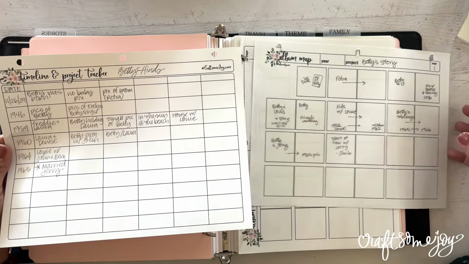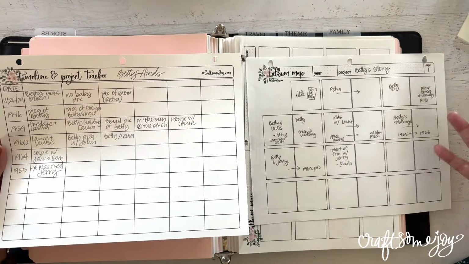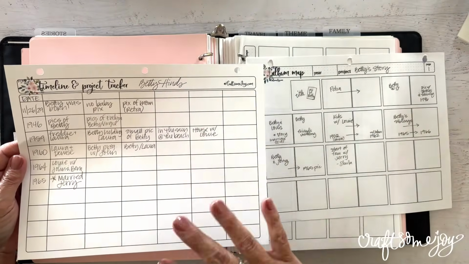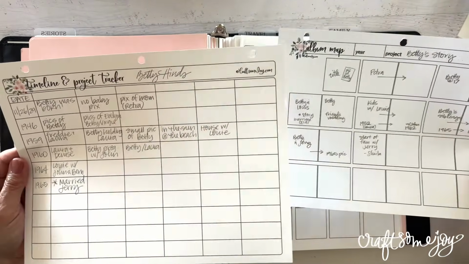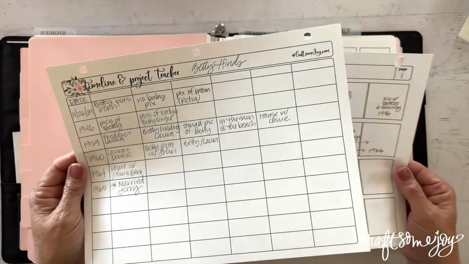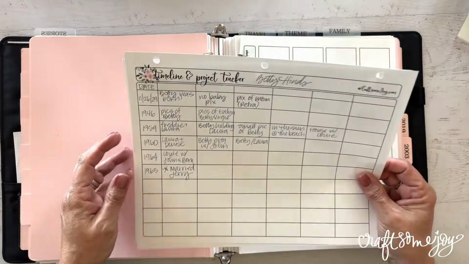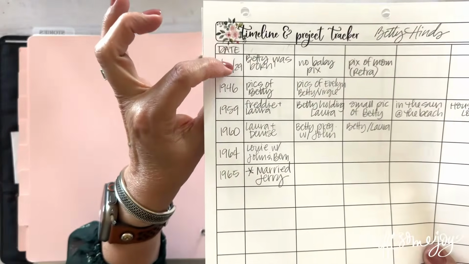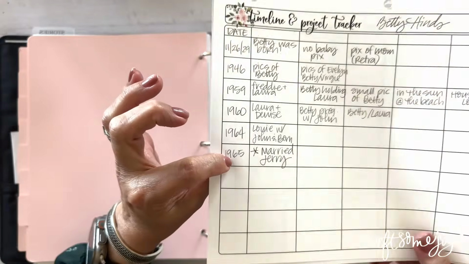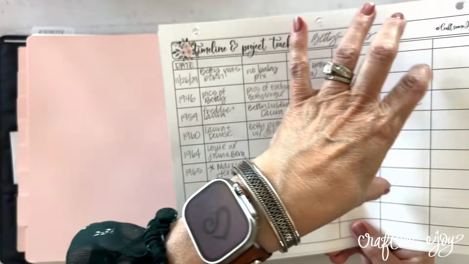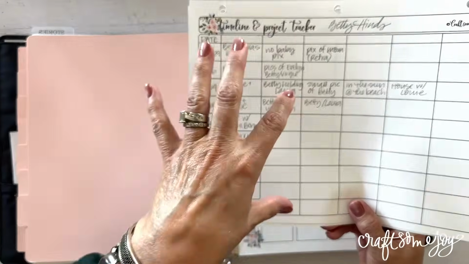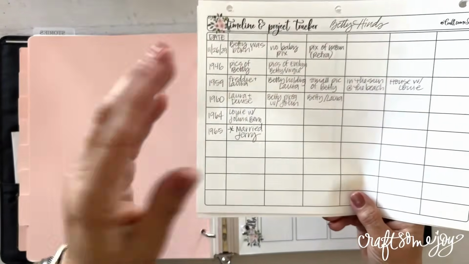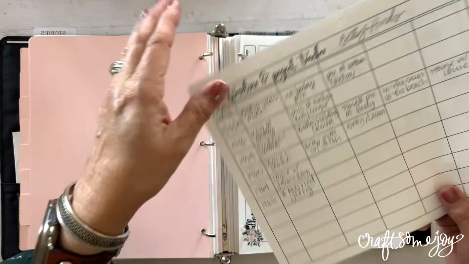That's just tragic for me, but I have the stories. So her album map and her project tracker look so different than, say, my kids' would, right? They have oodles of pictures from before they were born. So that's just another way. I have the dates down this side, and then across I have, because I don't have very much for her, different key moments. So dates and key moments going this way.